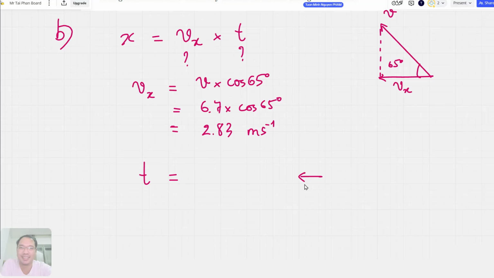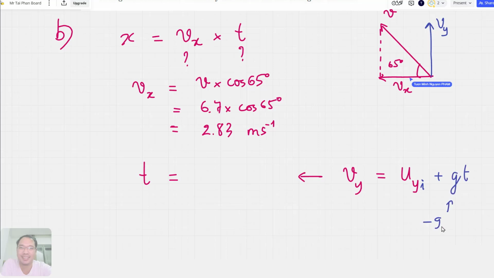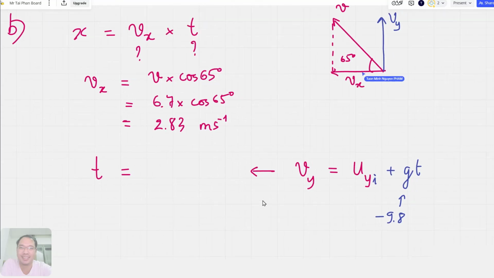This is determined by the equation for the vertical component velocity Vy. It is the initial Uy, which is this vertical vector that I am drawing here, Vy initial, then plus gt, where g, the gravitational acceleration, is minus 9.8. The minus sign indicates that the velocity decreases when the object flies up.